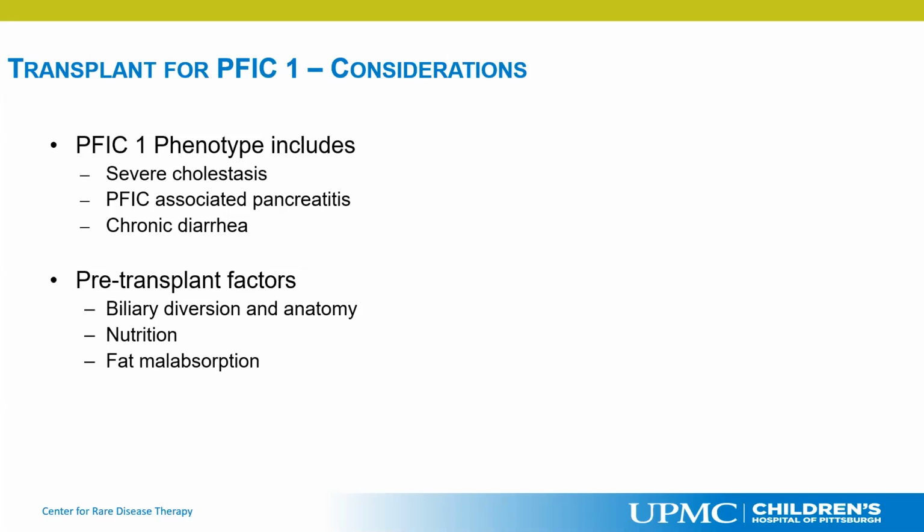And although pre-transplant it's manifested by cholestasis, you often can also get pancreatitis associated with it. Patients with PFIC1 also have chronic diarrhea before transplant, before diversion, and so it is an underlying issue.